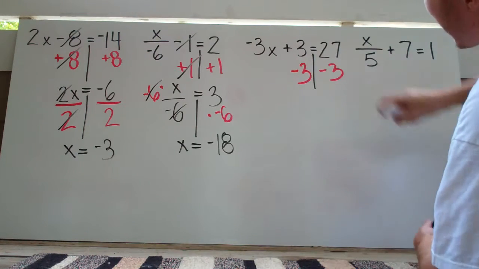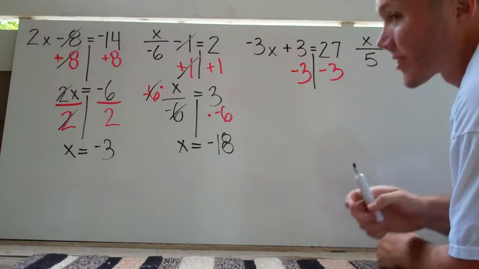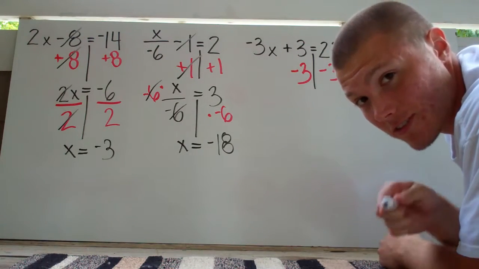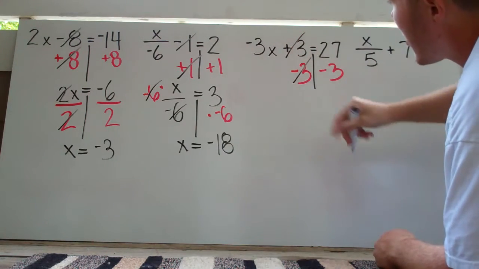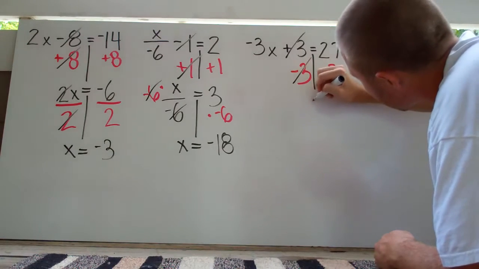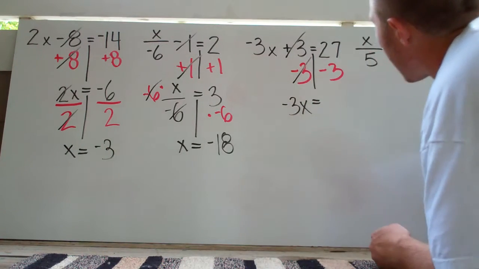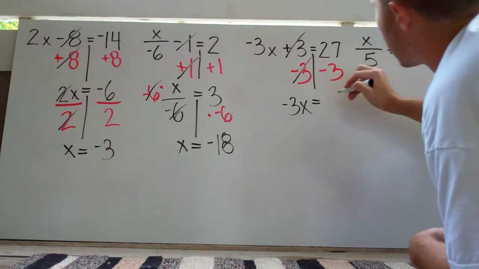And these are going to cancel out because they're inverses, right? Actually, going back to unit 1, those are additive inverses, in case any of you picked up on that. Plus 3 and minus 3, those are gone. All I'm left with is negative 3x, so I'm going to write that down here. And over here on this side I've got 27 minus 3. That's just going to be 24.